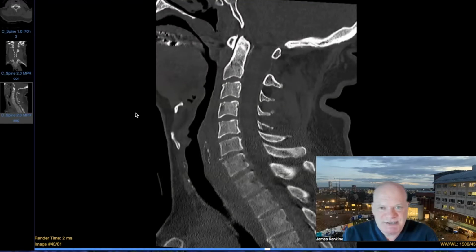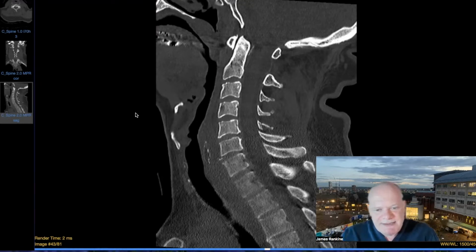Whereas with a flexion teardrop, the break in the front of the spine is because the front of the spine is compressed down and it cleaves between two of the vertebrae, breaking off a bit of bone. And that tends to be larger in size. So as a general rule, very small flakes of bone will be because of ligamentous avulsion and therefore a hyperextension injury, whereas large fragments will be a flexion teardrop.